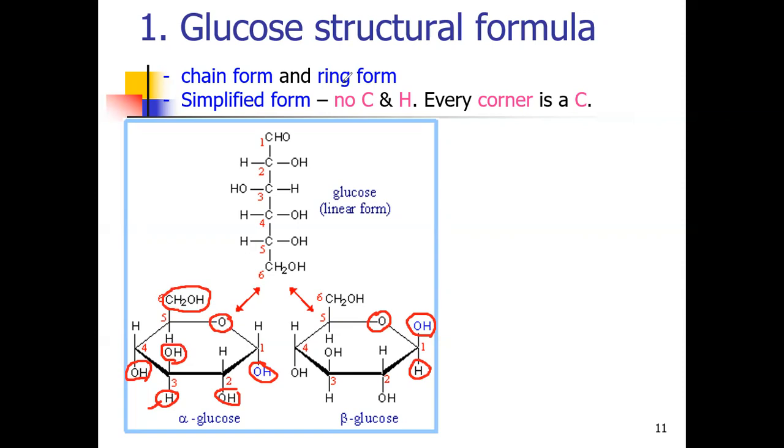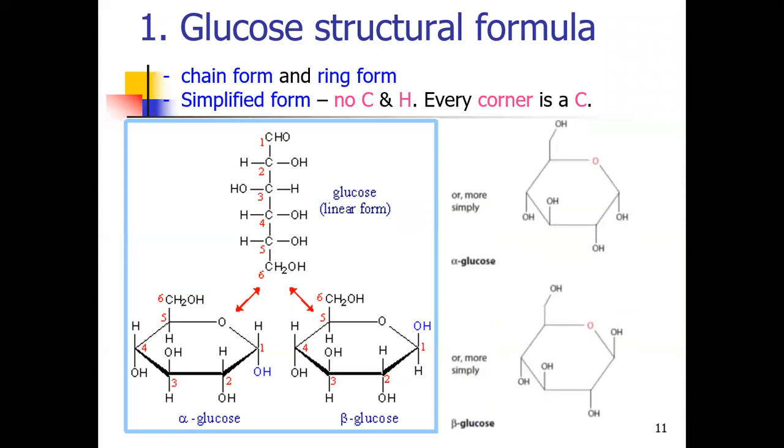Now, if you want to make it easier to draw, there's another simpler way to draw this ring form of glucose. This is also acceptable. That means I will exclude the carbon, I will exclude the hydrogen, and I will include all the OH. So this is another way. Can you see there is a bend here?